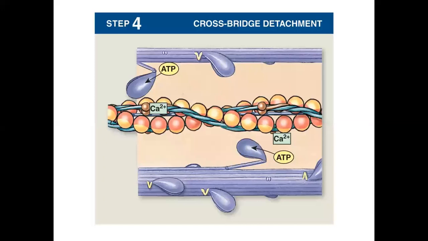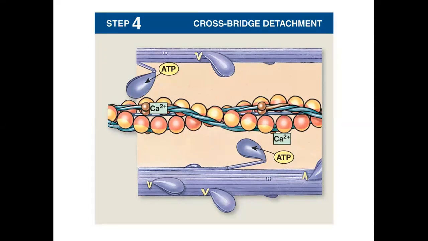It has an enzyme activity, and that enzyme activity is to break down the ATP into ADP plus inorganic phosphate. So the next thing is that enzyme will kick in and break that molecule. Can you see the positioning of the myosin head? It is still folded, but now ATP has attached to it.